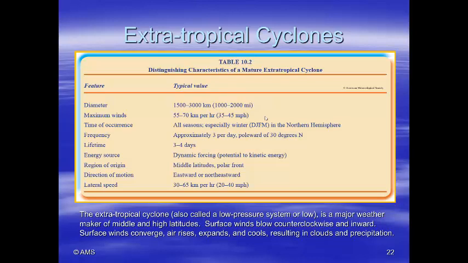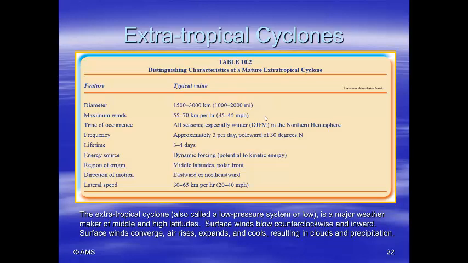They occur in all seasons, but mostly in the winter, that's December, January, February, and March, in the northern hemisphere. There could be approximately 3 per day poleward of 30 degrees north. They have a lifetime of about 3 to 4 days. The energy source is dynamic forcing, so we have potential to kinetic energy.